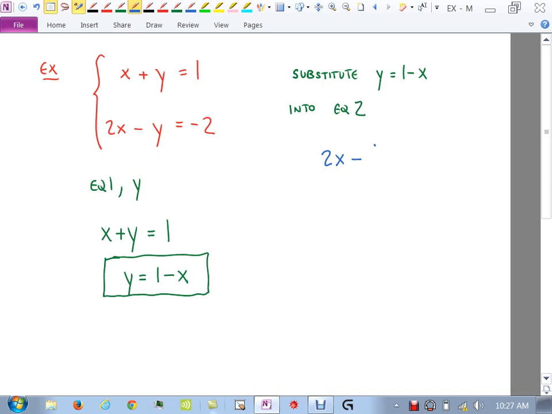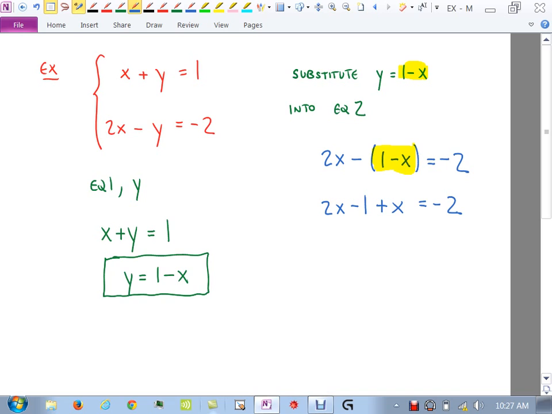So it's going to have to distribute through to both the 1 and the negative x. Very important that you see that there. So go ahead and distribute that through, and you should get 2x minus 1 plus x equals negative 2. Questions?